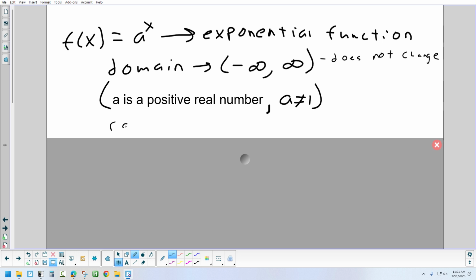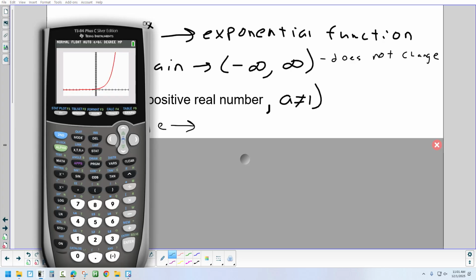And the range. What's the lowest and the highest that the range goes from? Yep. Is the lowest 0? And does it look like it reaches 0? No, it actually never reaches it.